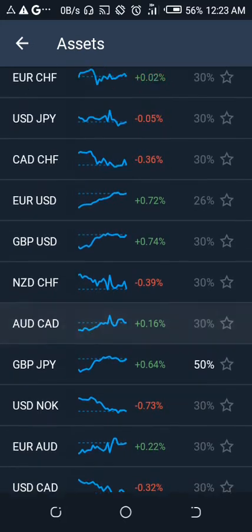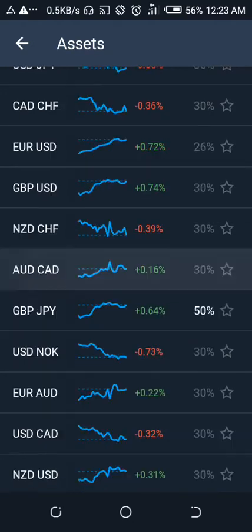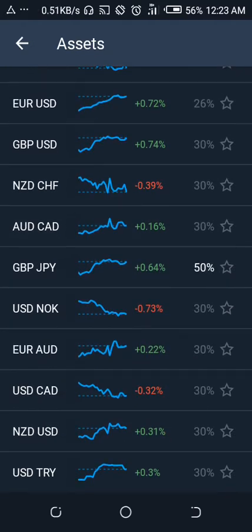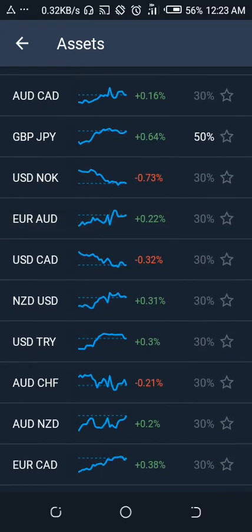Our major pair currencies are Euro US dollar, GBP US dollar, NZ dollar US dollar, any currency that is paired with the US dollar.